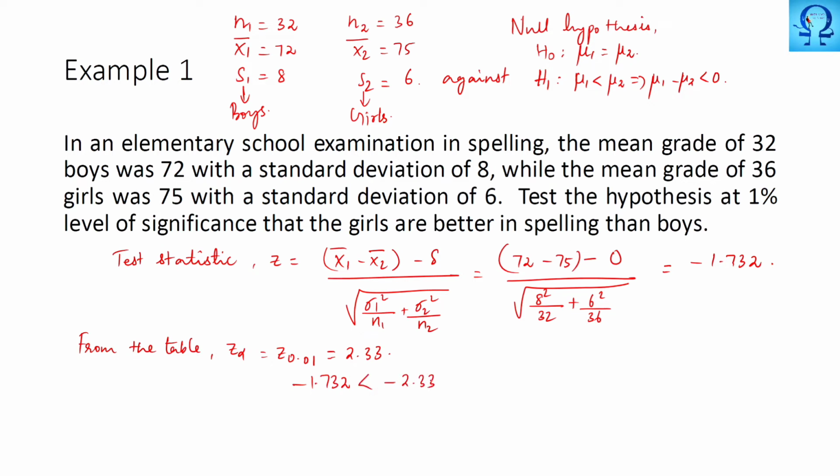This is what we need to check. But this is not the case. So this implies our z is not smaller than minus z alpha. Therefore, H naught, the null hypothesis, is accepted.